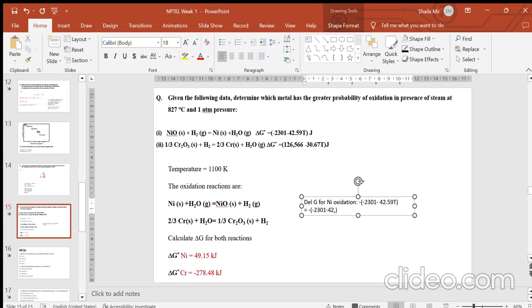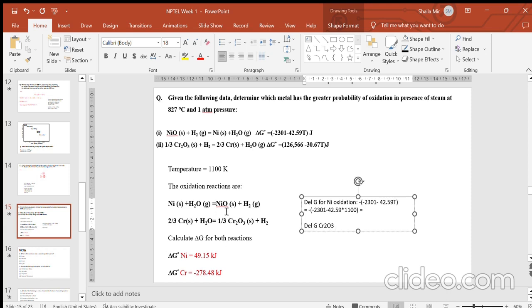So that equals negative of (minus 2301 minus 42.59 into the temperature). What is the temperature? The temperature is 1100 Kelvin. So this will be the delta G for the nickel oxidation.